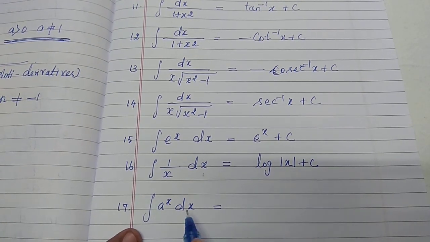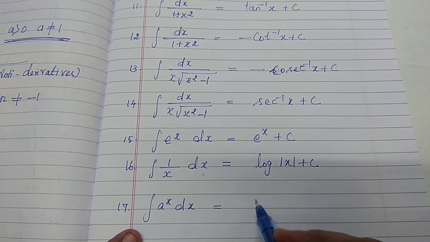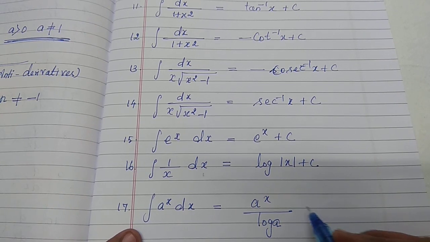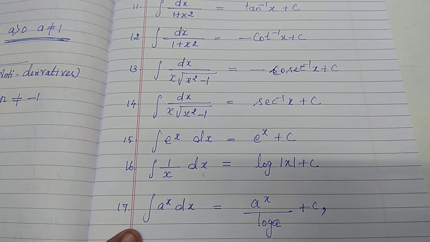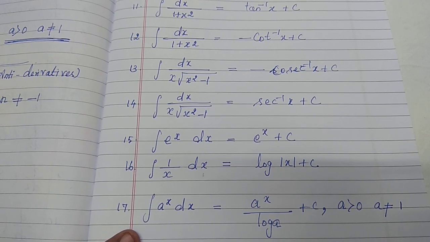And the last formula, integral a power x dx is equal to a power x by log a plus c, where a is greater than 0 and a is not equal to 1. Suppose a equal to 1 means log 1, the denominator becomes 0. That is an indeterminate form. Therefore, a satisfies the condition a is greater than 0 and a is not equal to 1.